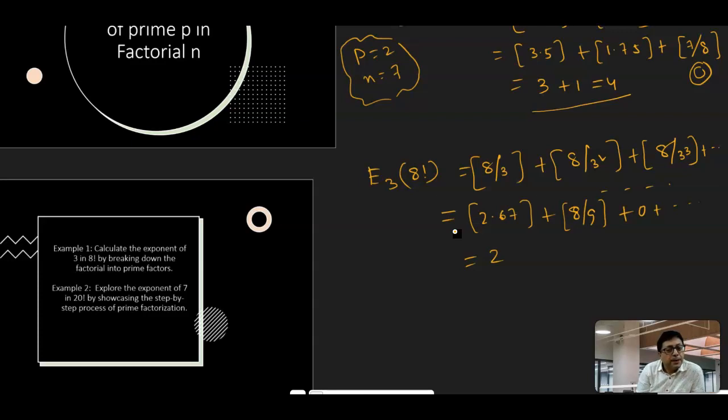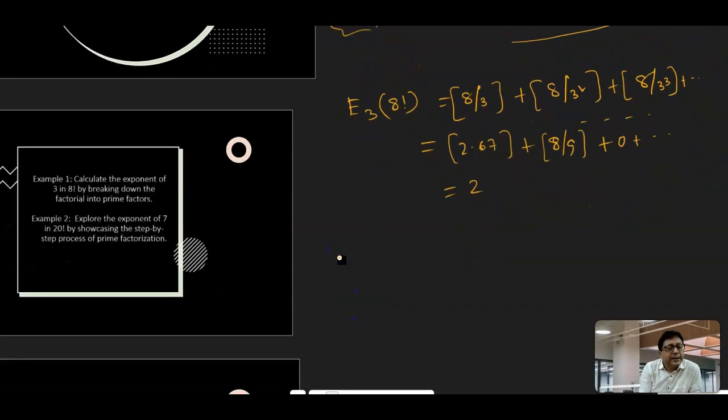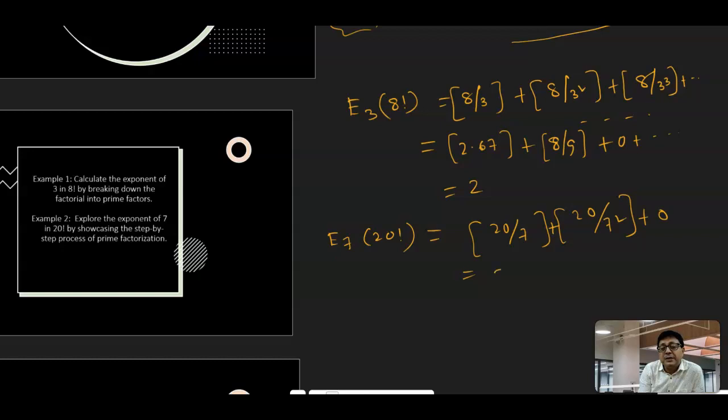Okay, let us take another example. Exponent of 7 in factorial 20. How will I do this? This is going to be 20 by 7, plus, we will not proceed, 20 by 49 is a fraction, other terms are going to be 0. 20 by 7 is 2 point something, so it will give us 2. So 7 will occur twice in factorial 20.